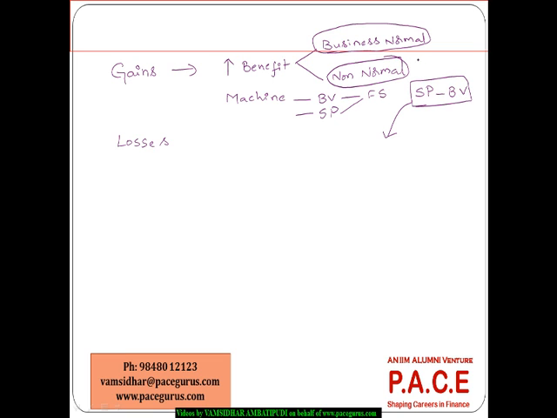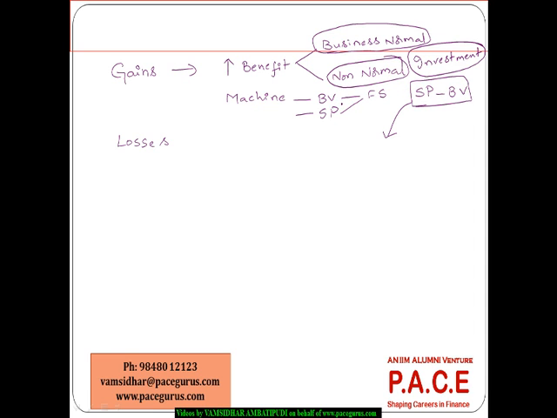Whereas when I look at some investment, I have bought the shares of some company, may or may not be from the perspective of doing a business, just for exploiting the pricing mismatch. So let's say I have bought the shares of some company, and now I am selling off the shares.